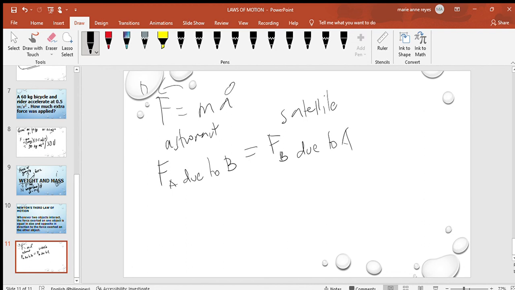If you describe the force exerted on a satellite by an astronaut, then you must realize that there is a simultaneous force exerted on the astronaut by the satellite. The force of the astronaut on the satellite and the satellite on the astronaut are equal in magnitude and opposite in direction. Parang yung example natin kanina na yung wall and yourself. Pag pinush mo yung wall, then you have zero acceleration.